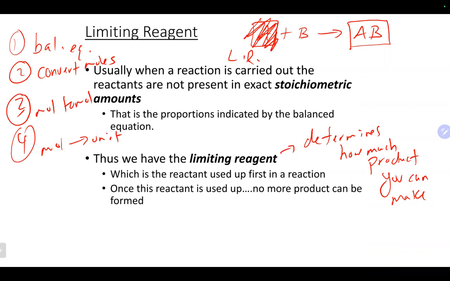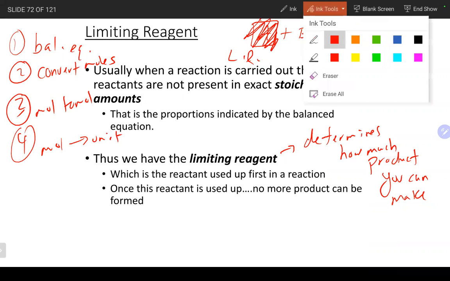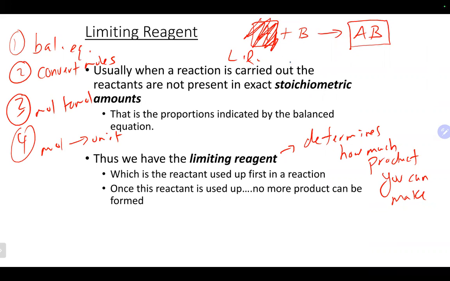So one approach, which is what we'll do in this lecture, is you start out just like normal. You balance the equation, you convert whatever they gave you to moles, and right about here is a good place to figure out which one is the limiting reagent. So there's an additional step right around there.